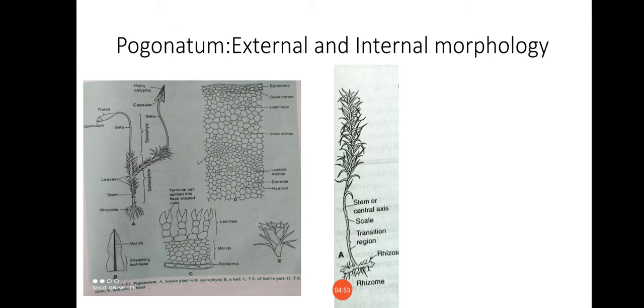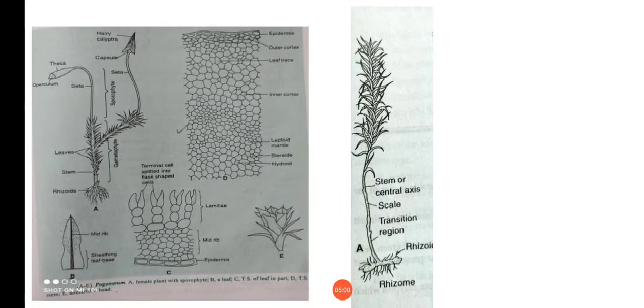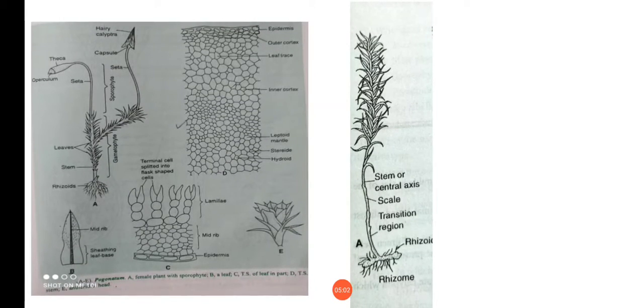Now we come to the external and internal morphology of the genus Pogonatum. External features include the plants that are perennial, having erect gametophytes and can be differentiated into two regions, the rhizome and the rhizoids.